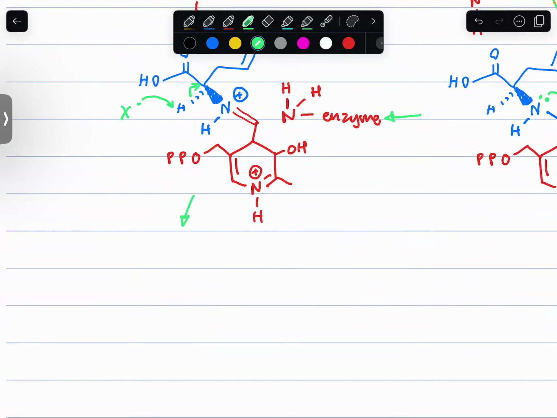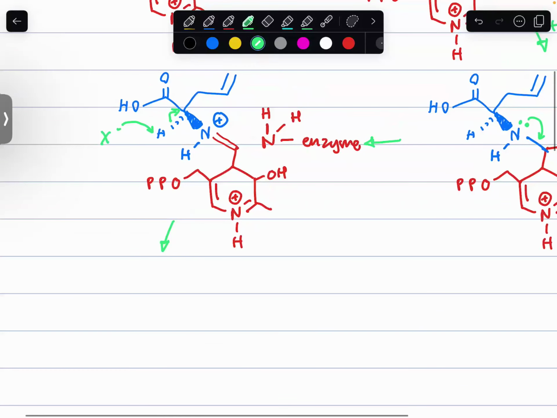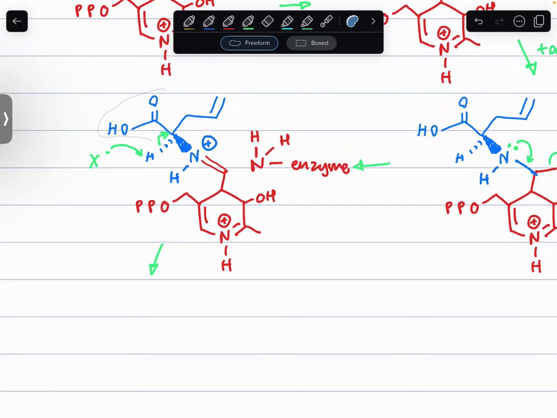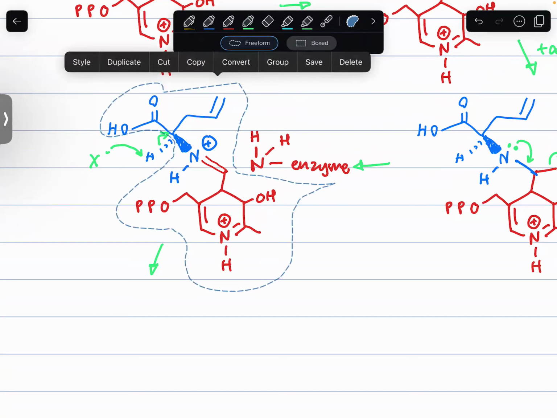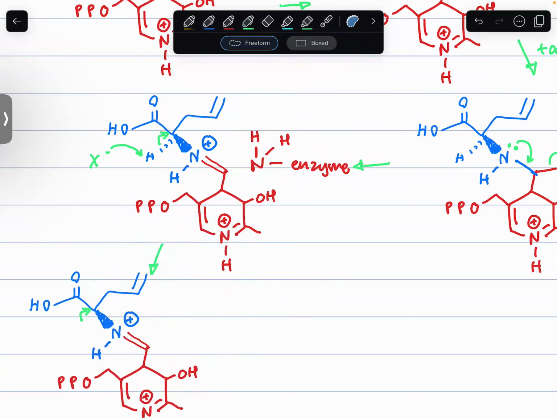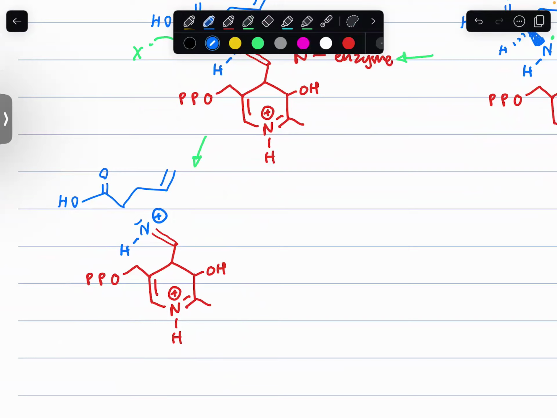Taking a base and deprotonating. So now we no longer have chirality because we only have 3 substituents on that carbon. Yes, no, maybe so. Following?